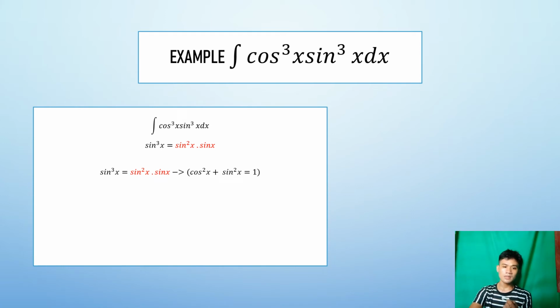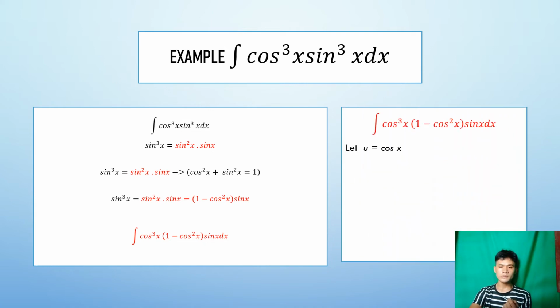Applying the identity, cosine squared x plus sine squared x is equal to 1, we again apply additive inverse by adding negative cosine squared x to both sides. So we come up with the quantity of 1 minus cosine squared x, times sine x, combined with cosine cubed x. So we now have the integral of cosine cubed x, the quantity of 1 minus cosine squared x, sine x dx.